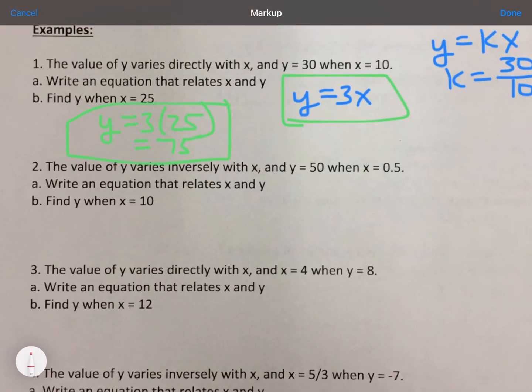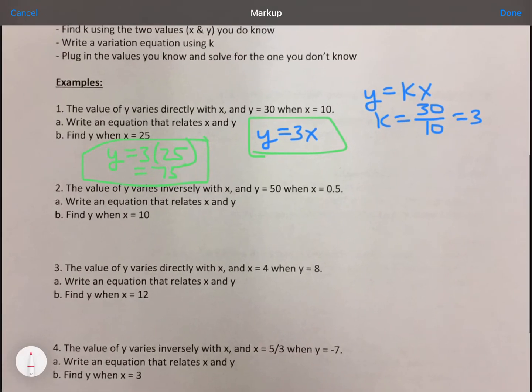In number 2, the value of y varies inversely with x, and y equals 50 when x equals 0.5. So that means y equals k divided by x, or k equals x times y. So 0.5 times 50 gives me a k value of 25.